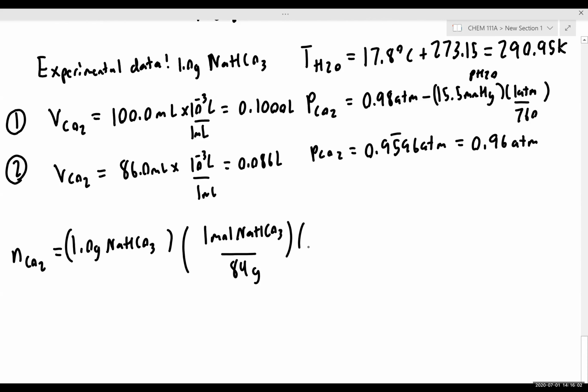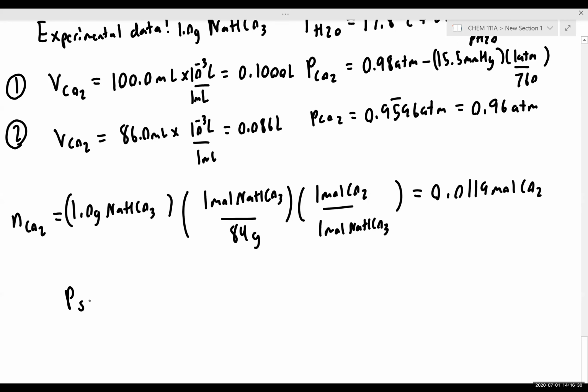We expect 1 mole of carbon dioxide per 1 mole of sodium hydrogen carbonate. That gives us an expected 1.0 over 84, which gives us 0.0119 moles of carbon dioxide. Okay, perfect. We now have everything we need.